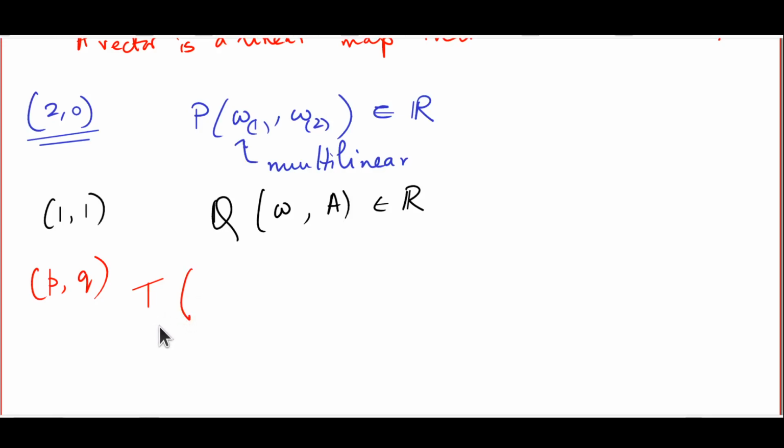All a (P, Q) tensor would ever be is a multilinear map with P plus Q arguments, of which the first P arguments are P covectors and the next Q arguments are Q vectors.